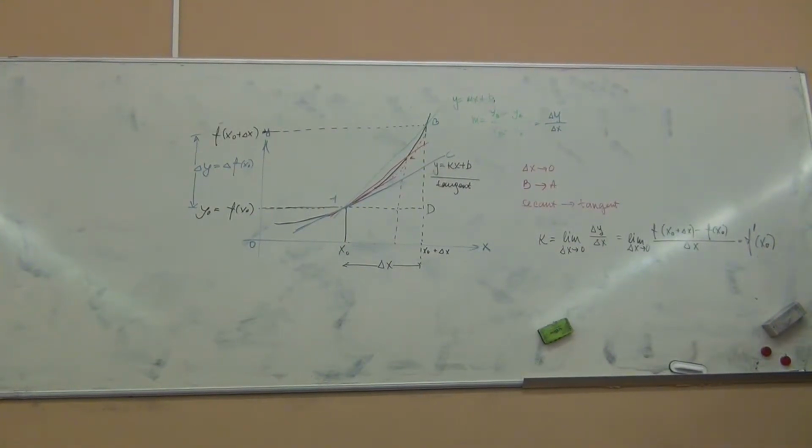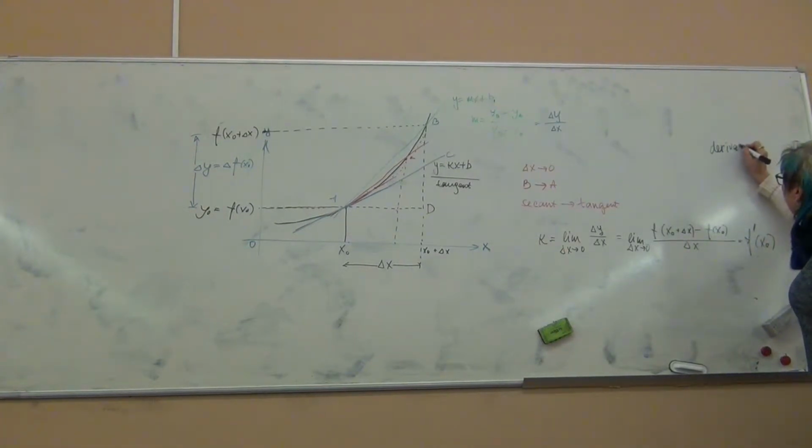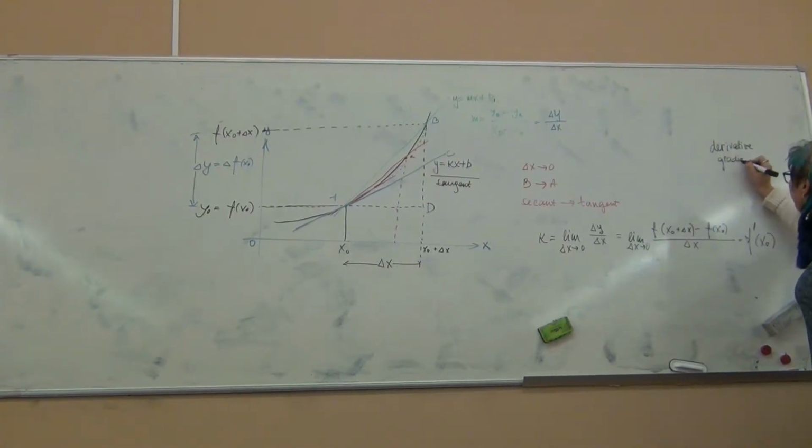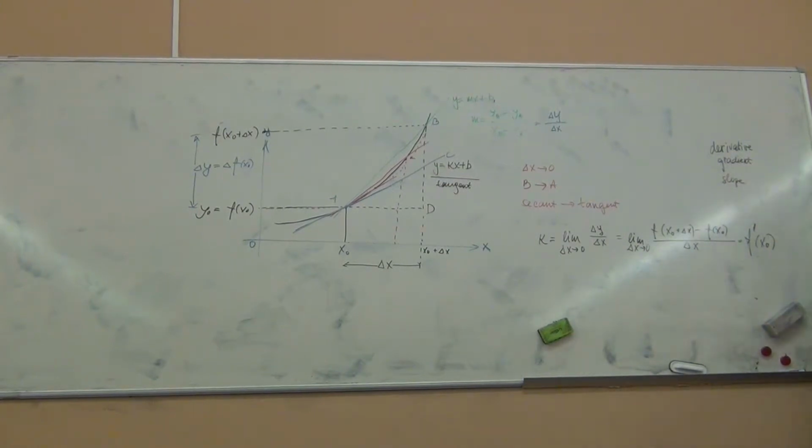slope of this function. So derivative, or the gradient, or the slope. Three words meaning exactly the same thing for the function f of x. In this case, we are not talking about the line anymore.